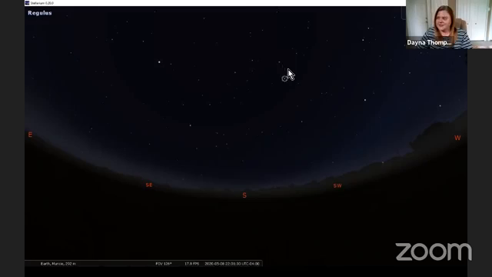And if you can find the backwards question mark, you can find the bright star Regulus, the bottom of the question mark here. Now, Regulus looks like one star to us, but scientists have observed it with telescopes and they know for sure there are more stars there. It's a multiple star system.